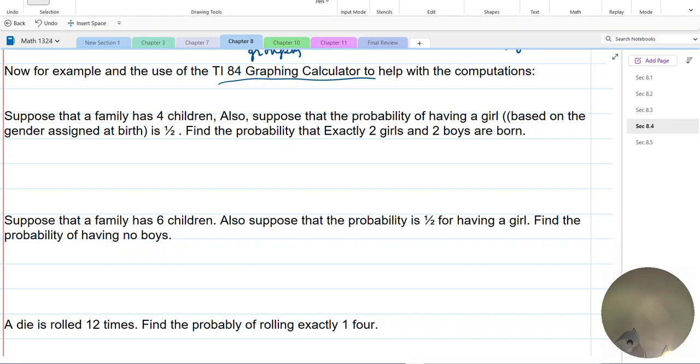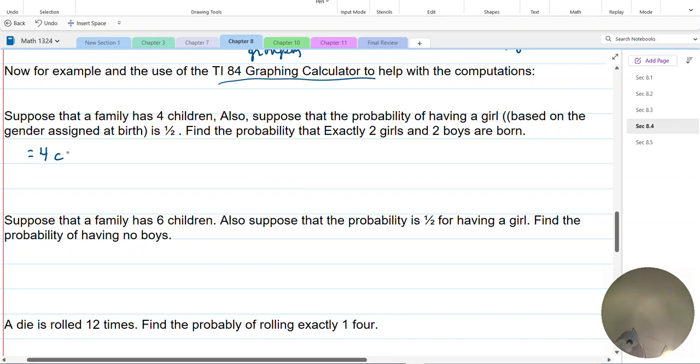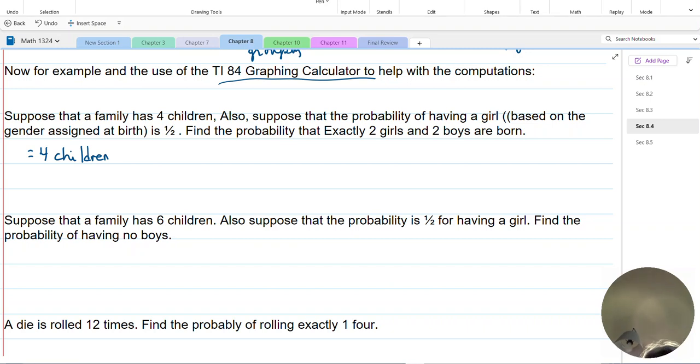Suppose that a family has 4 children. So n is 4. Also suppose that the probability of a girl based on gender assigned at birth is a half. So our lowercase p is 1/2.